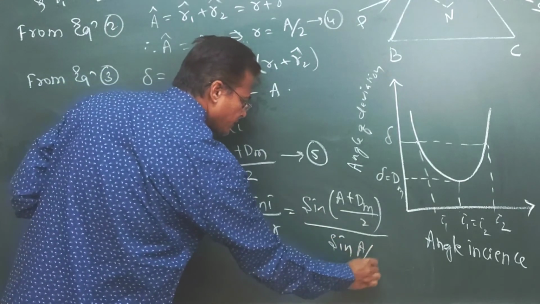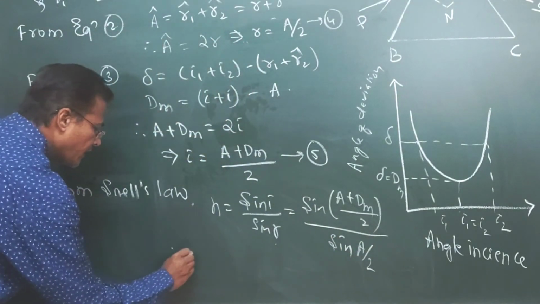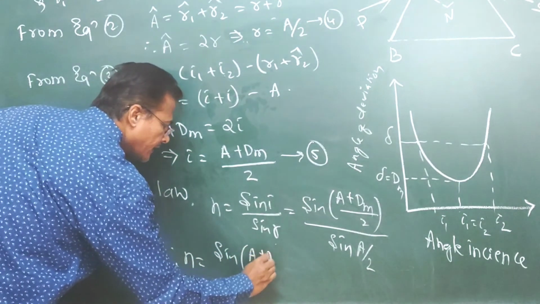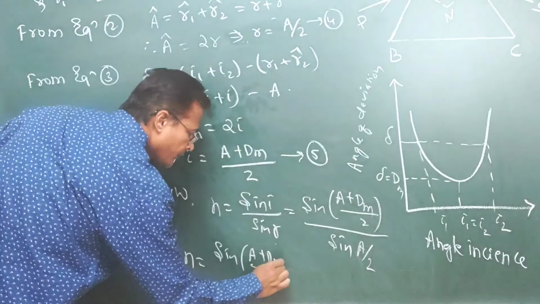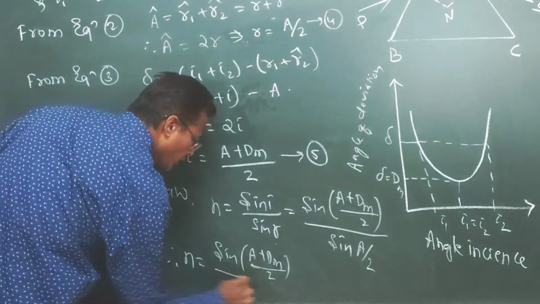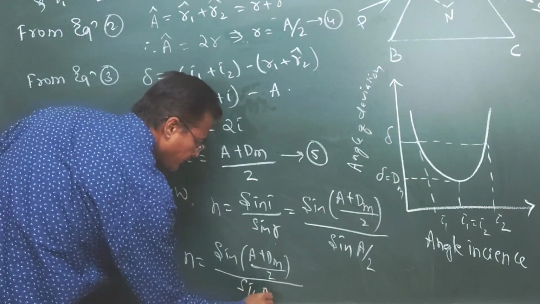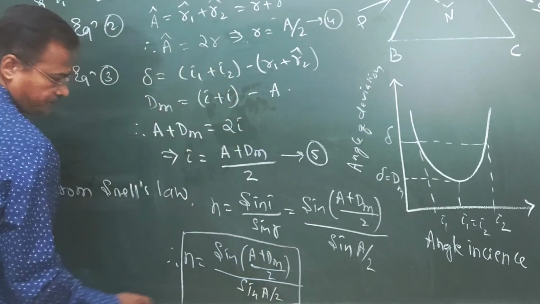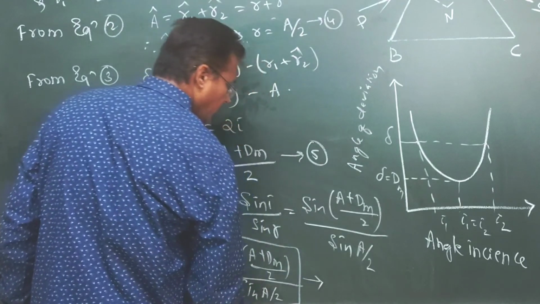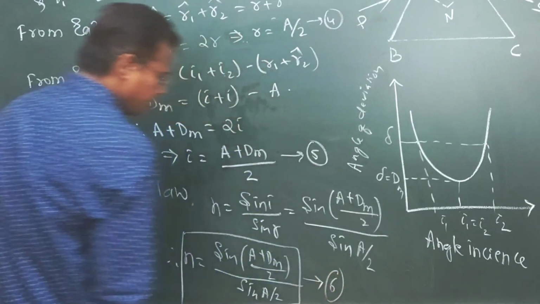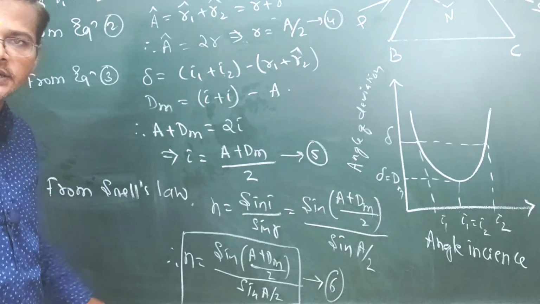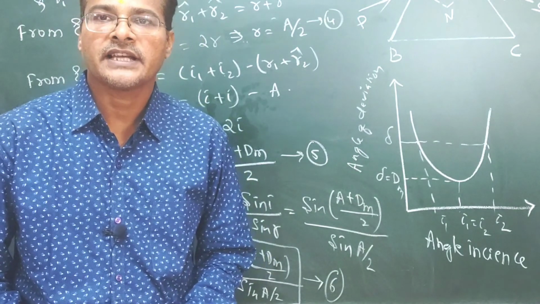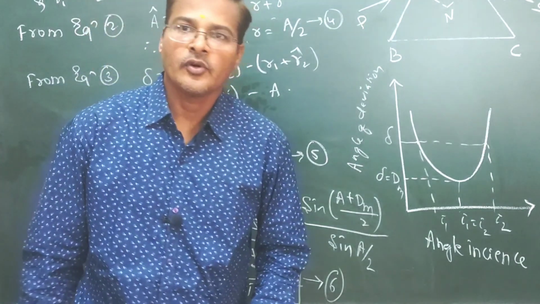Therefore, n equals sin of A plus dm by 2 whole divided by sin A by 2. This is the ultimate equation we got, the sixth equation. This much only you have to write: show that n equals sin of A plus dm divided by 2, whole divided by sin A by 2. I hope you understood.